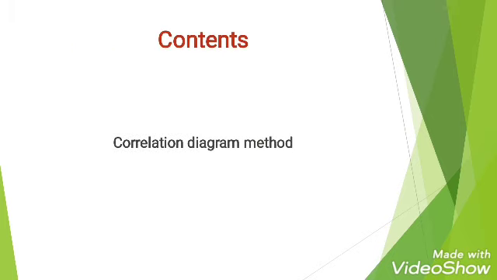The correlation diagram method is used to predict the stereochemistry of pericyclic reactions on the basis of the symmetry of molecular orbitals. So, the correlation diagram is constructed on the basis of molecular orbital symmetries.